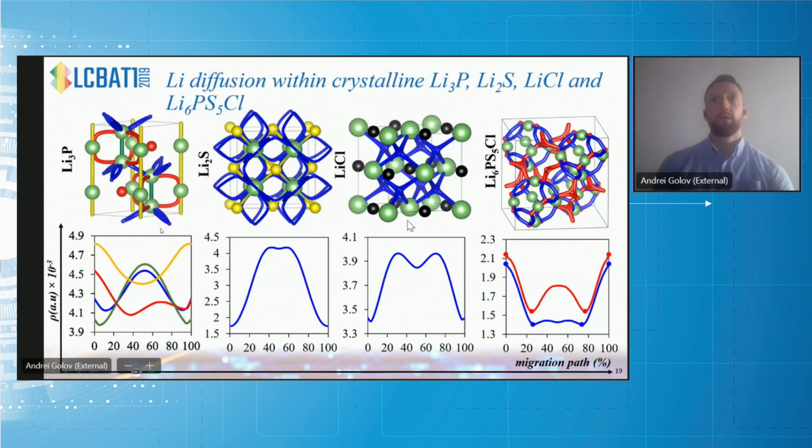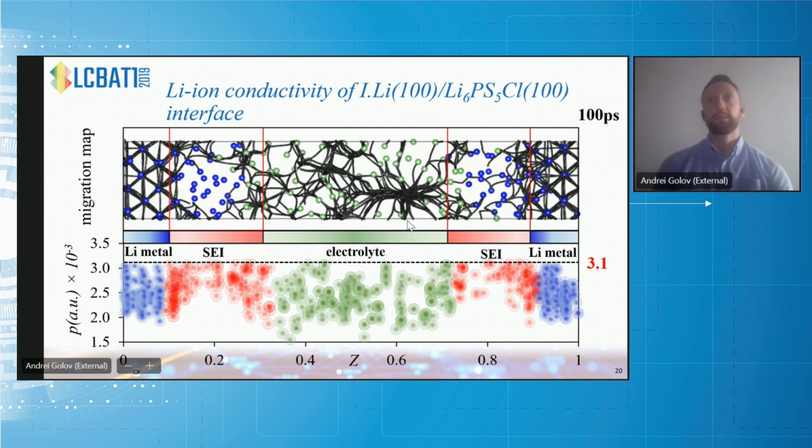To study the effect of the SEI layer on the ionic transport, we calculate the migration barrier for the bulk electrolyte as well as for the interface model. Here you can see at the top the migration map, the trajectories on which lithium can migrate within the interface. And at the bottom, you can see the value of the barrier at the bottleneck of the migration path with respect to the coordinate of the bottleneck.